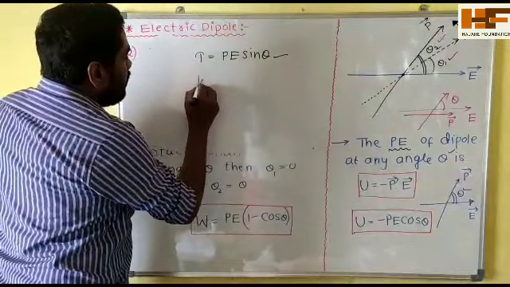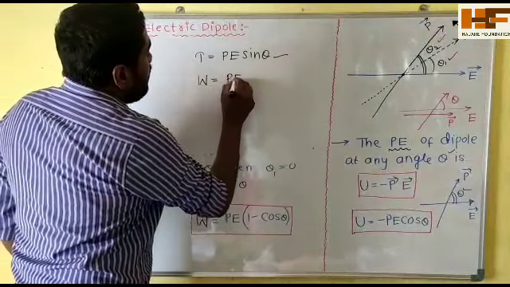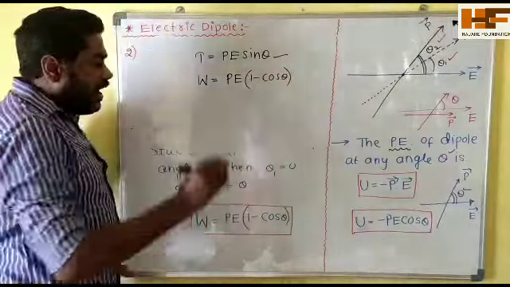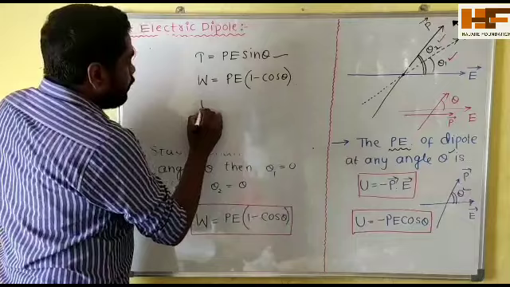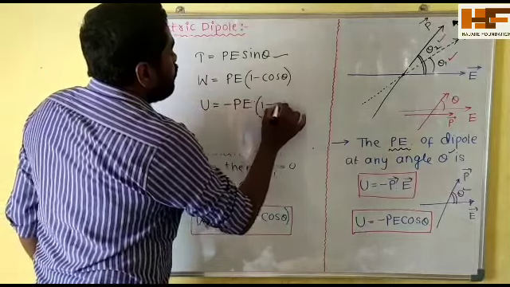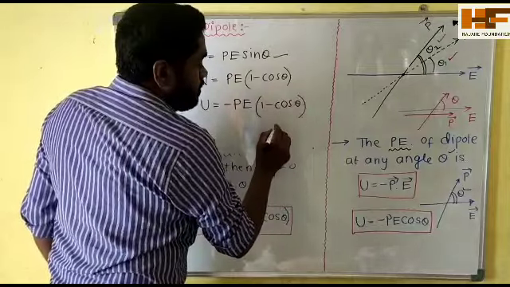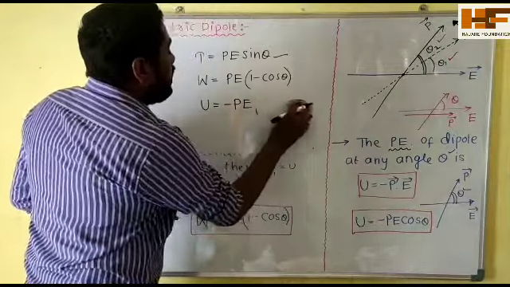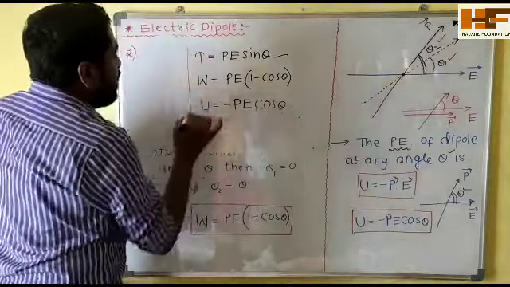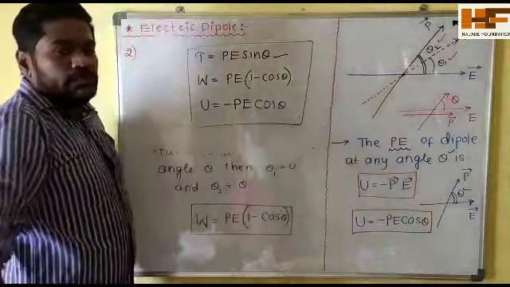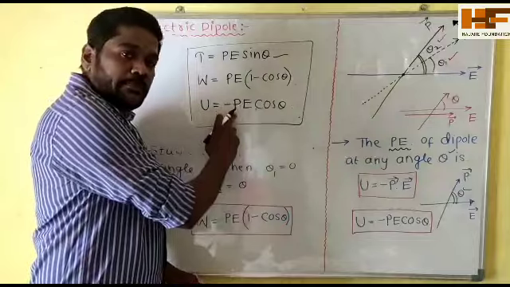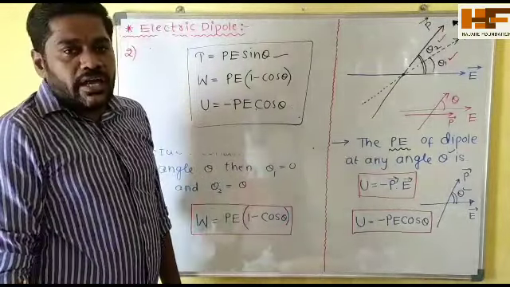Second, the work done formula, W is equal to PE (1 minus cos theta). Third, the potential energy formula, U is equal to minus PE cos theta. These 3 formulas are very important to solve problems that depend upon the angle theta, where P means dipole moment and E means the magnitude of the electric field.